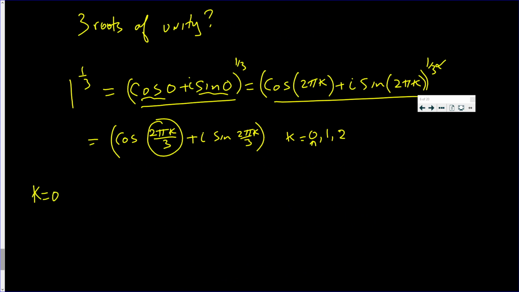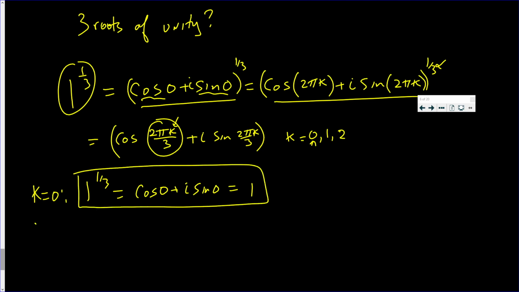Well, if k is equal to 0, we get cosine 0 plus I times sine 0, which is 1. Okay, and sure, the cube root of 1 is 1. What about when k is 1? If k is 1, the angle is 2 pi over 3.